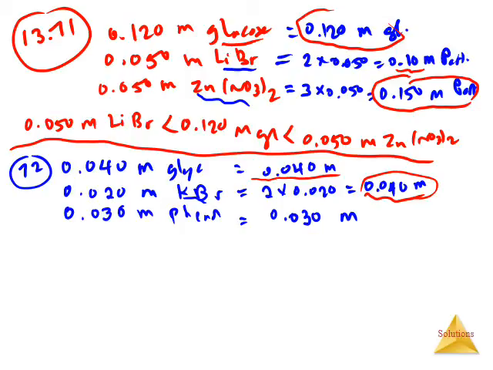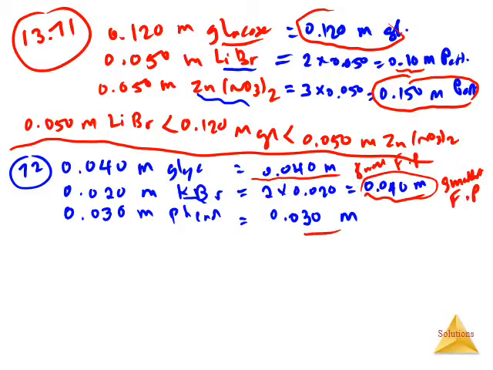So based on this, and this time we are going to write down the decreasing order of freezing point. 0.040 would give the smallest freezing point. So let me write this down. The smallest freezing point. So the largest one would be for phenol.